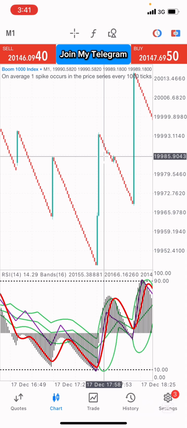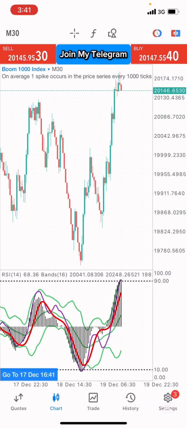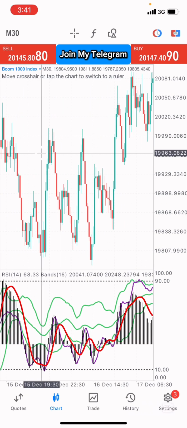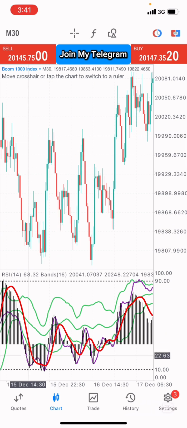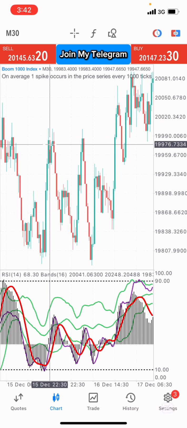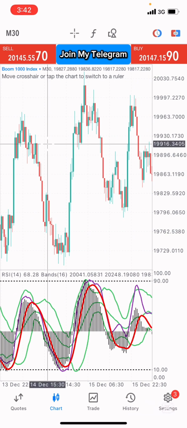You are scalping this market, and this strategy only works on the 1 minute time frame. If you go over to the 30-minute time frame, you will see that you are going to be confused. Here on the 30-minute time frame, when the 3 lines touch this point, you see that the market just bought right here.